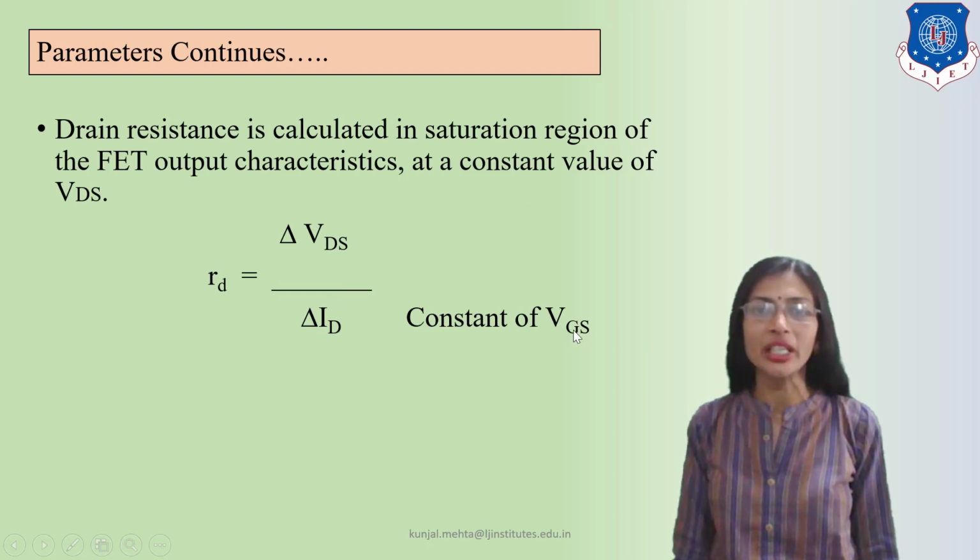What is the input voltage? That is the VGS, gate to source voltage. So we can say again, RD is defined as the ratio of delta VDS to delta ID. It is clearly defined from the FET output characteristic.